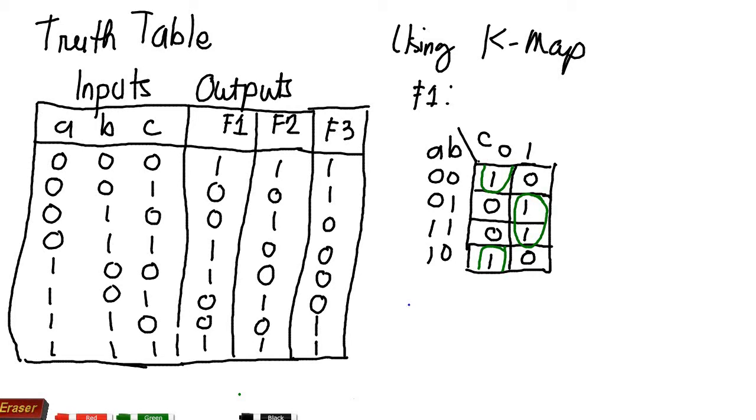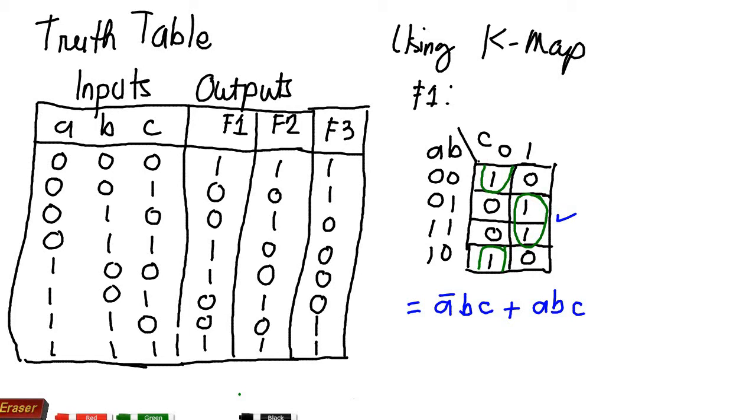The first group will be A bar, B, C, plus A, B, C. That's the first group.